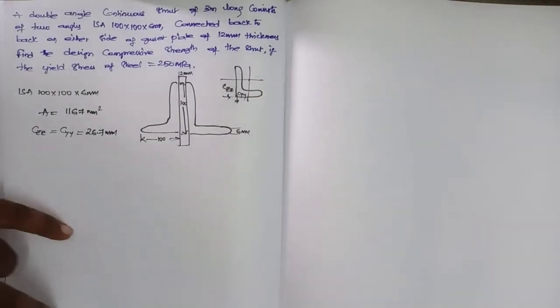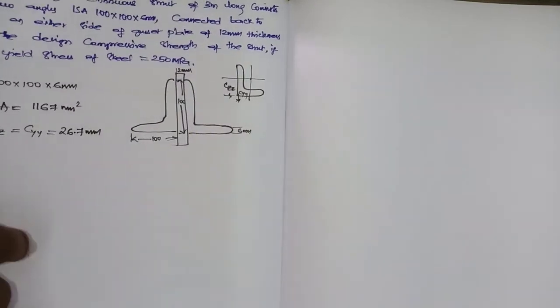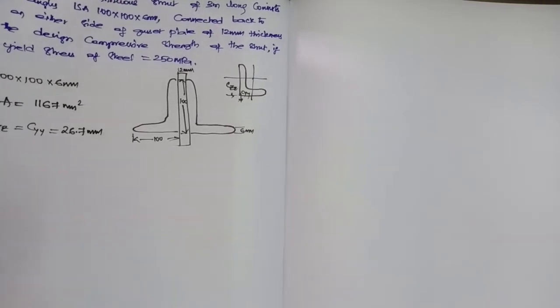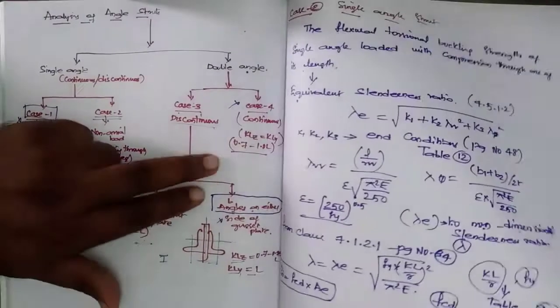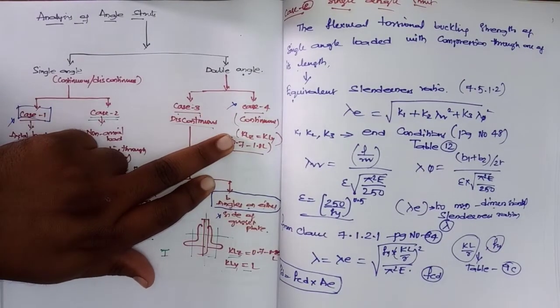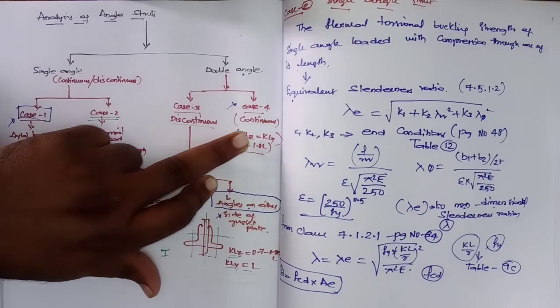Now for this case, if I go back to our previous discussions, for continuous double angle struts the effective length KLZ should be equal to KLY.